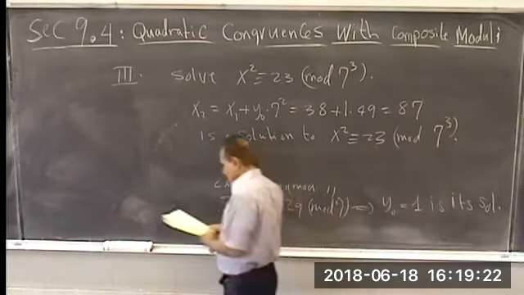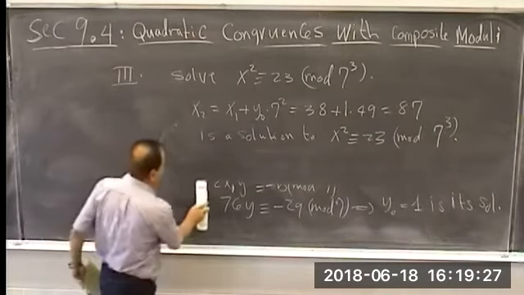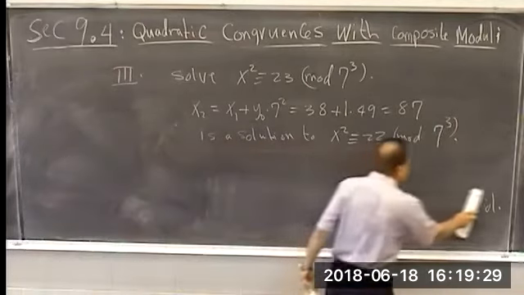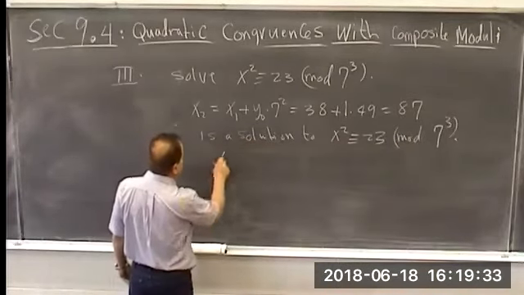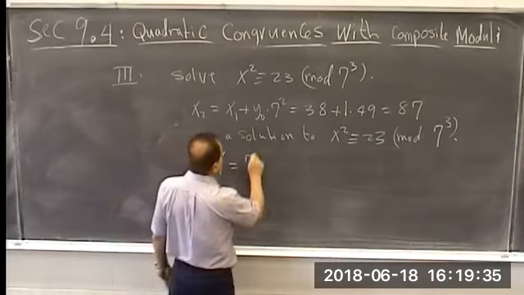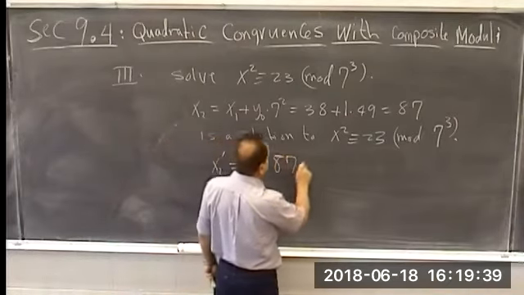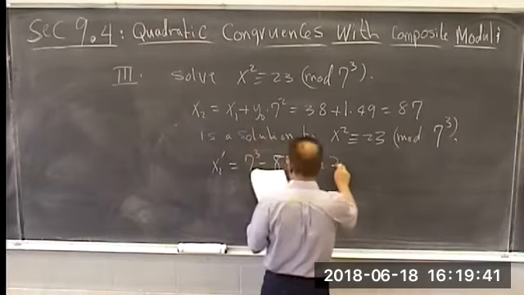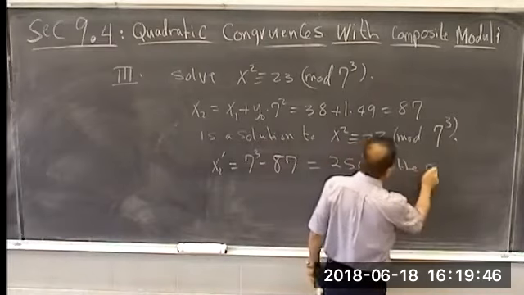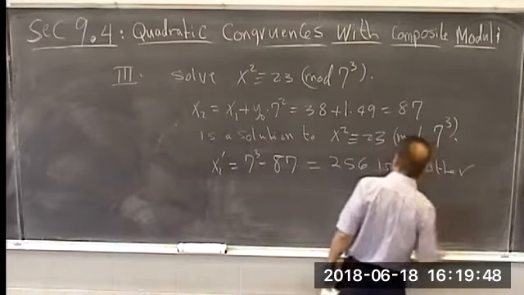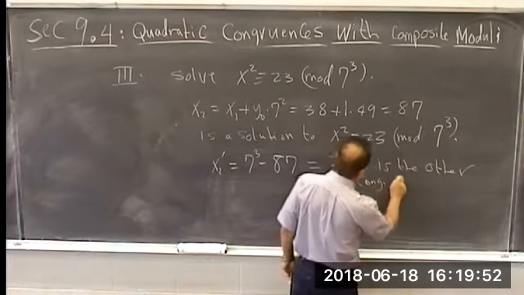All right, and the other solution, x2 prime, which is 7 to the third minus 87, which is equal to 256, is the other incongruent solution.